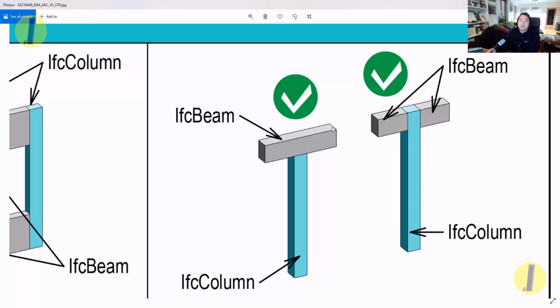So I don't see any big problem in this difference between the two models, but it's always nice to coordinate this difference between architectural model and structural model, so you can avoid this confusion, right?